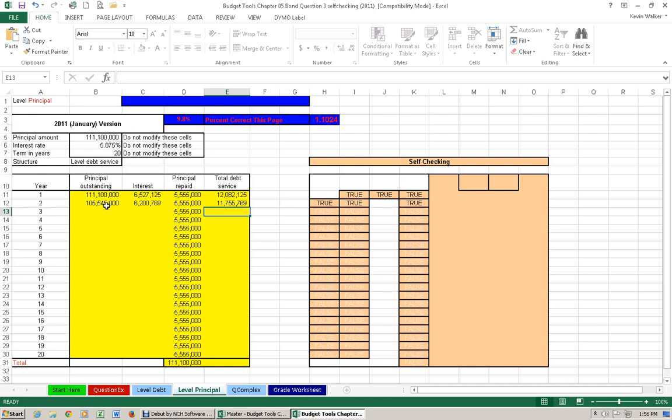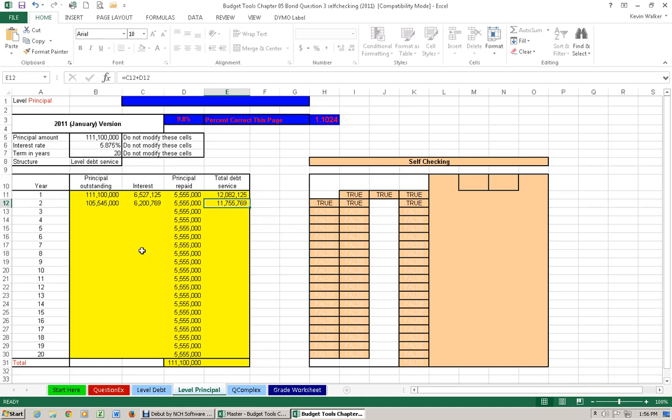You're multiplying this times the interest rate in each one to get the level of interest. And then whatever that interest is, you're adding to the $5.5 million to get the total debt service. And again, in year 2, you have to budget to cover $11,755,769. Right straight down the line.